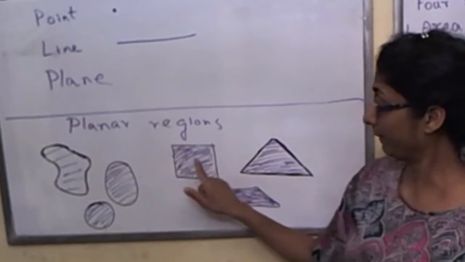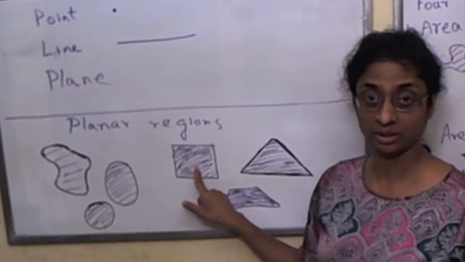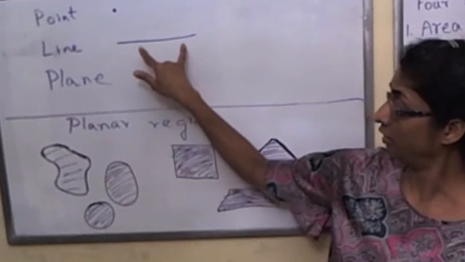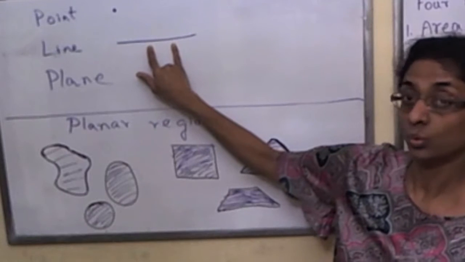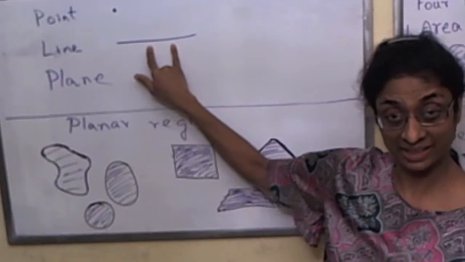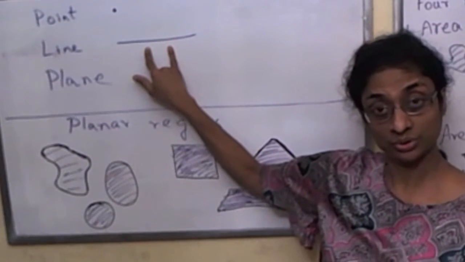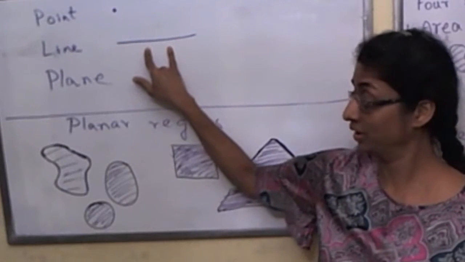To each region, I would like to associate a number. This is very similar to on a line. If you take a piece of a line, we have learned that that's called a line segment, and to every line segment, we do associate a number, namely the length of the line segment.